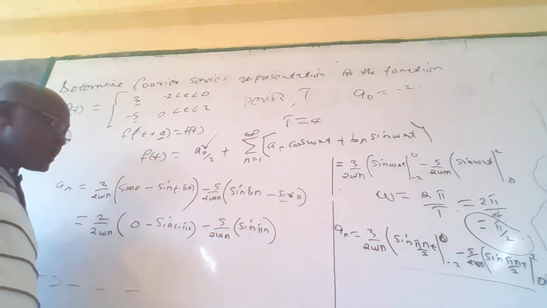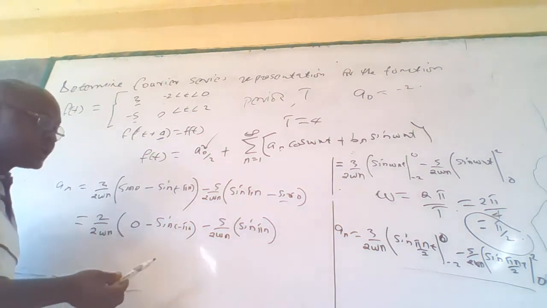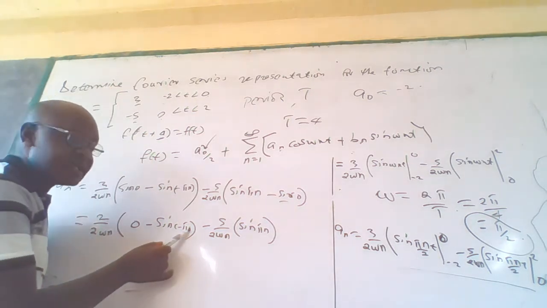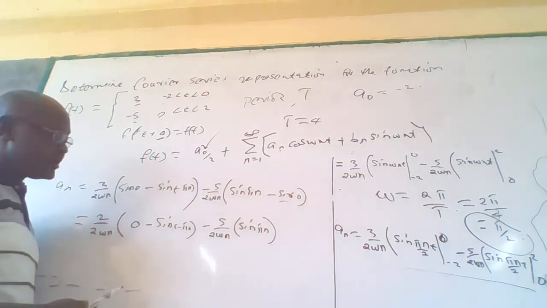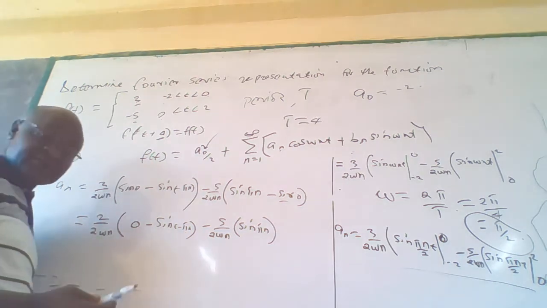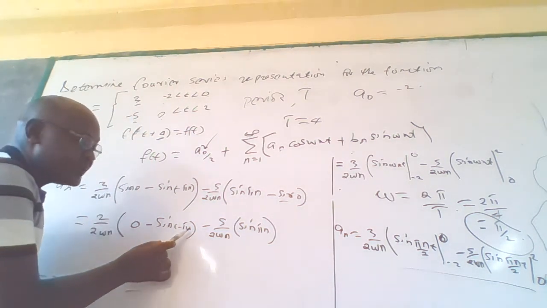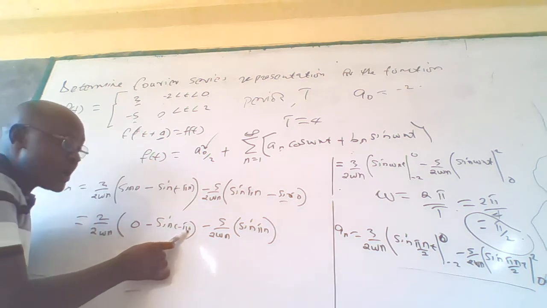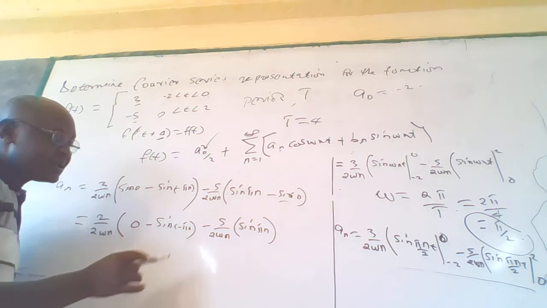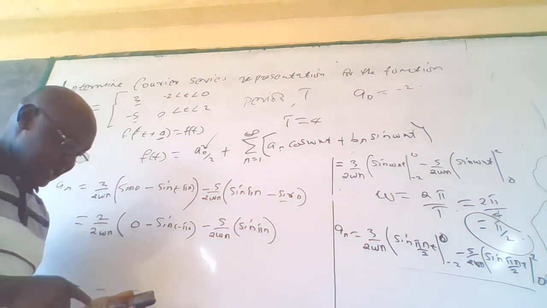Now, when we use our calculator, remember we shall be testing when n is odd and when n is even. That is where we can get the series. When n is odd, it means we test with 1. So we can use our calculator to get sine negative pi.